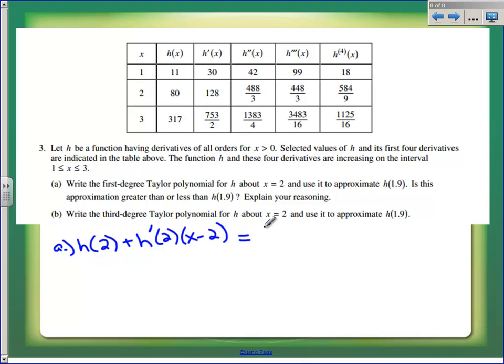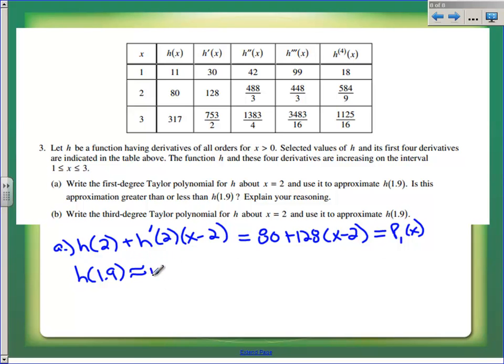H of 2 is 80. H prime of 2 was 128 times x minus 2. So that is the first degree Taylor polynomial. And now we're going to approximate h of 1.9. Notice there's no way I could find h of 1.9 because I don't know the function for h. But I can approximate it with this Taylor polynomial.